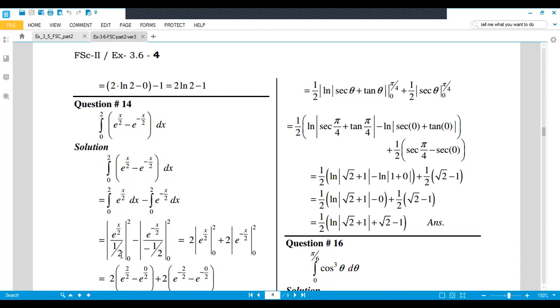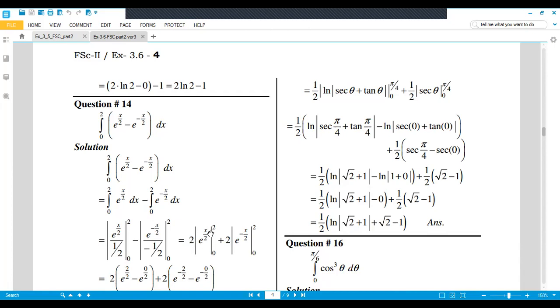It will come in the denominator. Here minus sign, and the integral of e power minus x over 2 as it is, and the derivative of the power minus x over 2 is minus 1 over 2. It will come in the denominator.